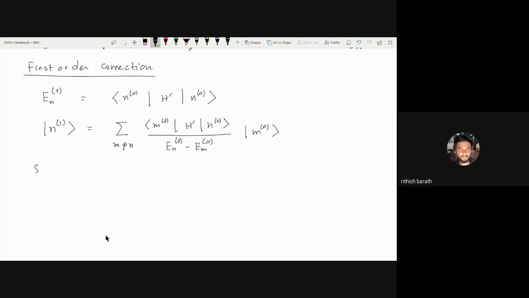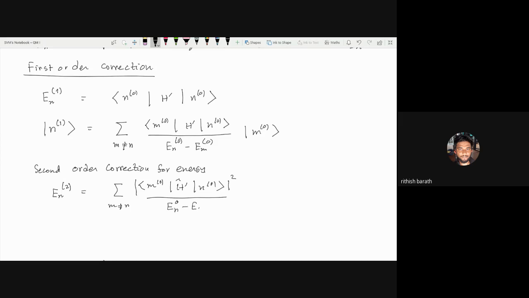Now we have also shown that the second order correction for energy, En2, is equal to sum over m not equal to n of modulus square of <m0|H'|n0> divided by En0 minus Em0.